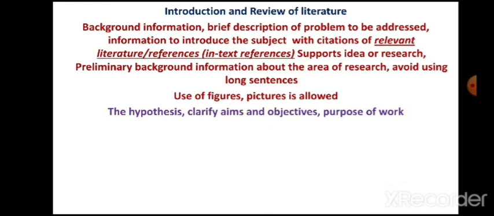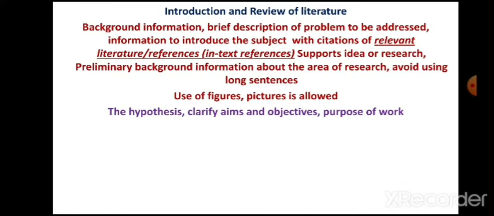Then at the end of this chapter, in text, we write the hypothesis. So this chapter will describe the introduction, review of literature, and at the end it will describe the hypothesis. Whatever hypothesis you have formulated, you need to write here.